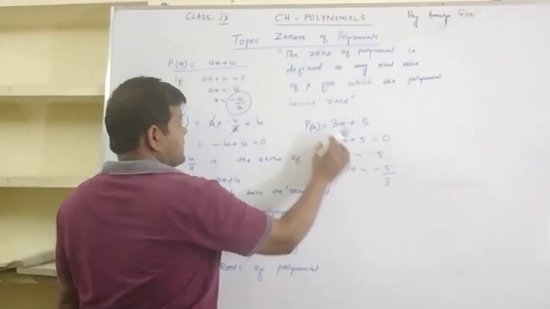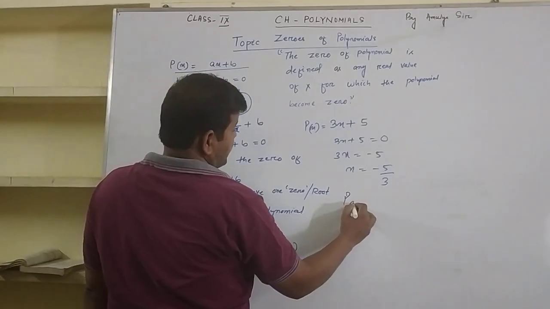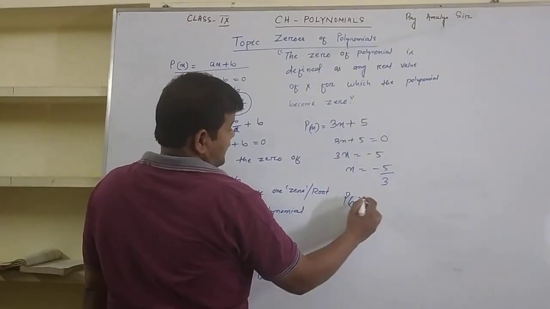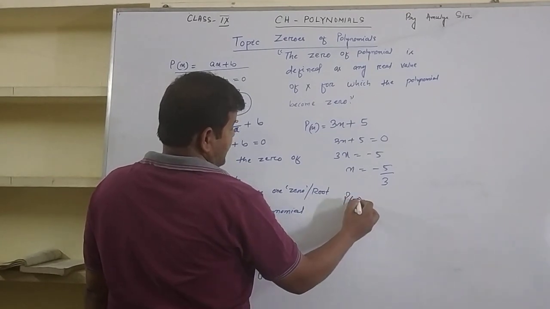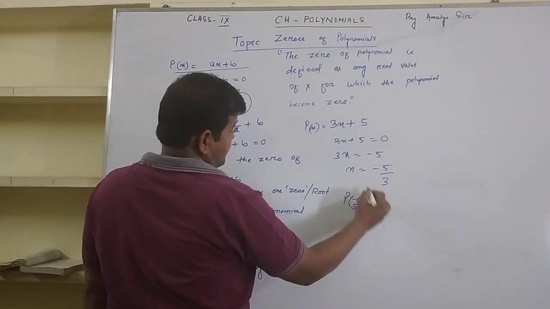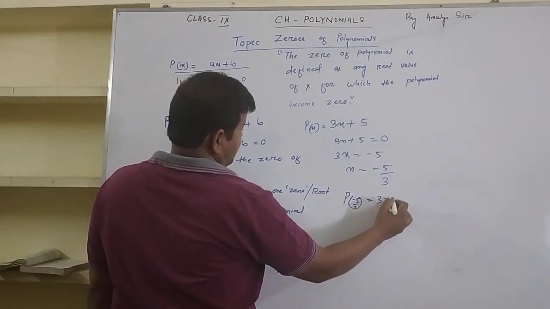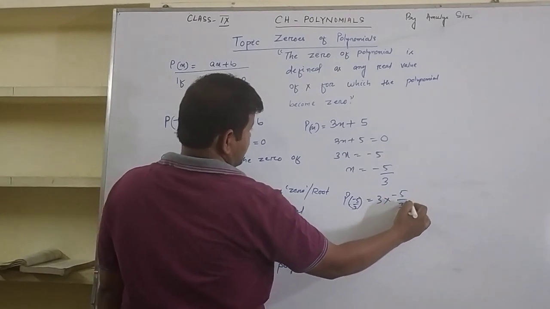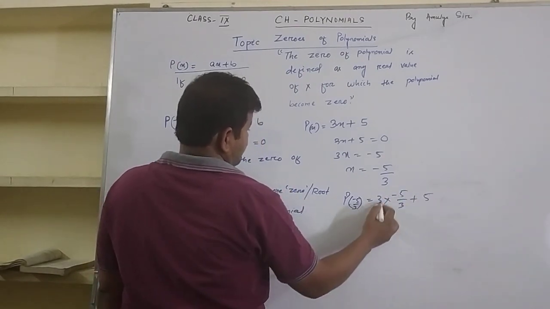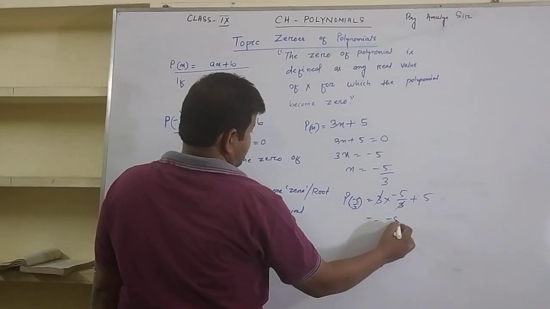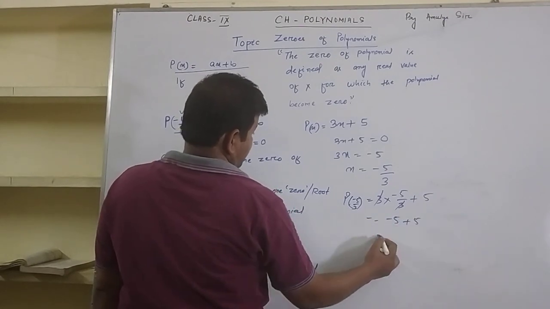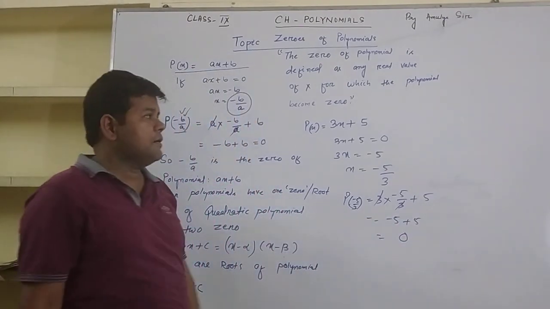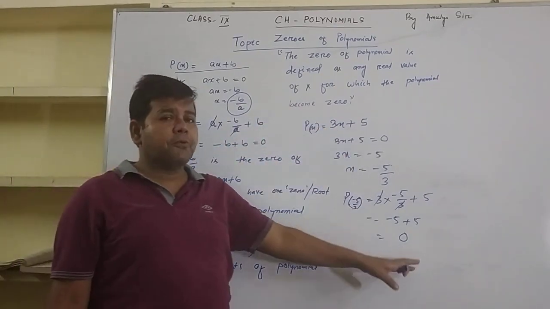Now put this value in p of x: 3 into minus 5 by 3 plus 5. The 3 cancels, minus 5 plus 5 equals 0.